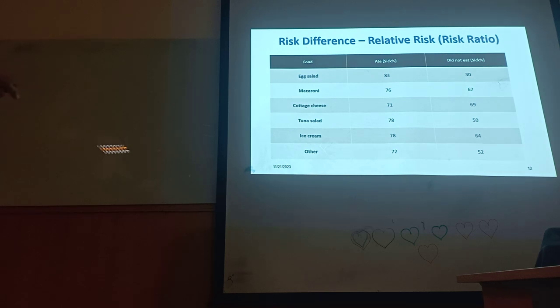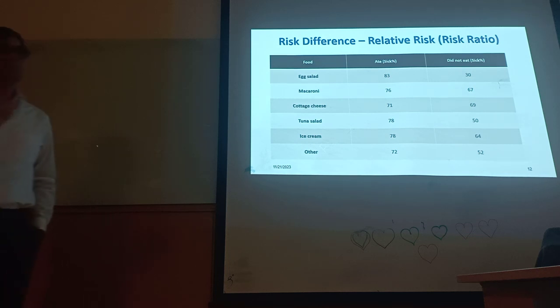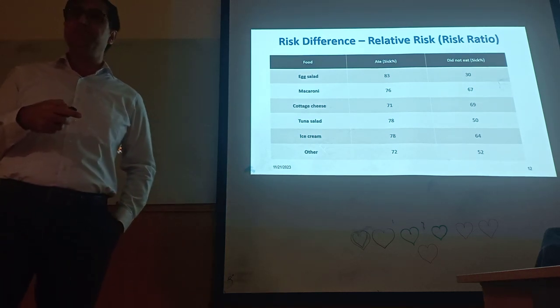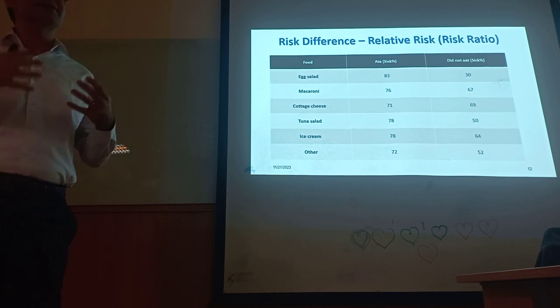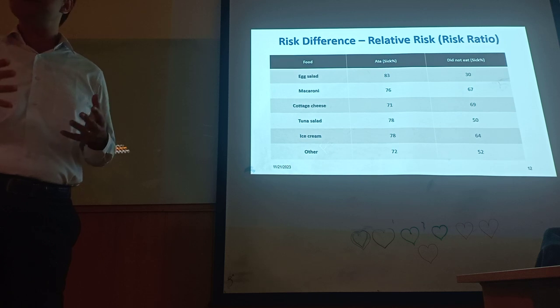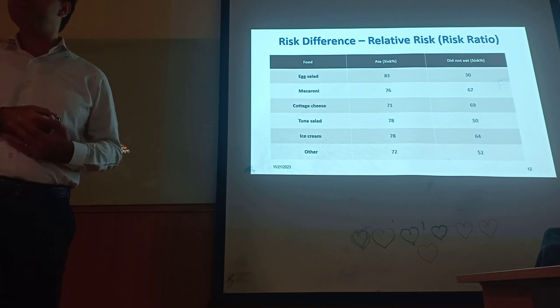Because risk difference, it means absolute risk in those who ate that food item minus the absolute risk among those who did not eat that food item, is greater for egg salad. So, if you want to know if there is any association between these food items and the disease of interest, we have to calculate the excess risk, the excess risk that is due to exposure to these food items.